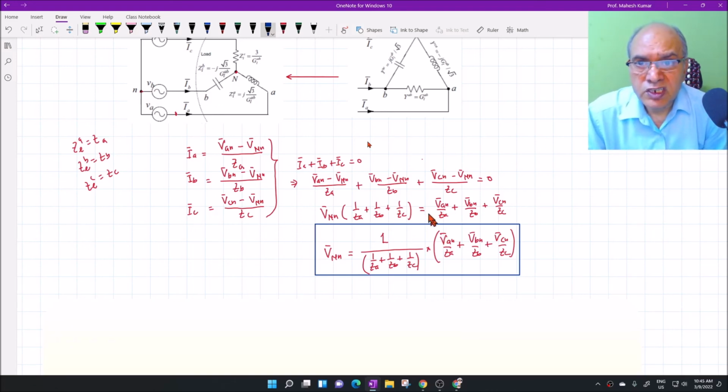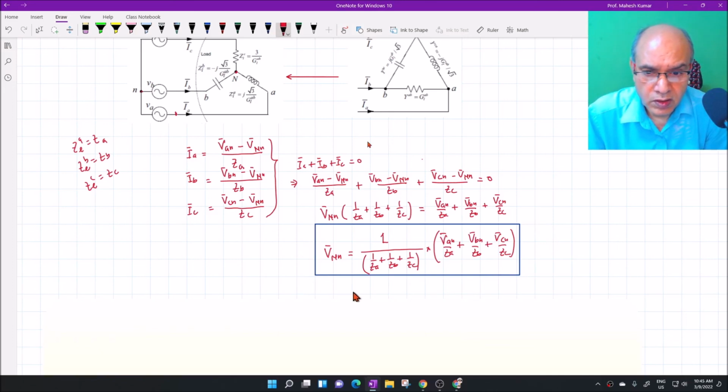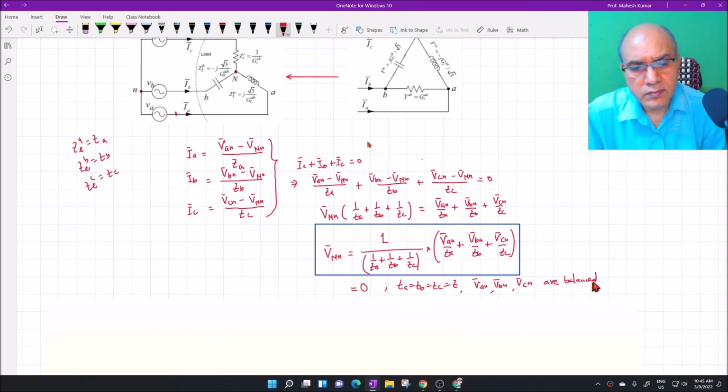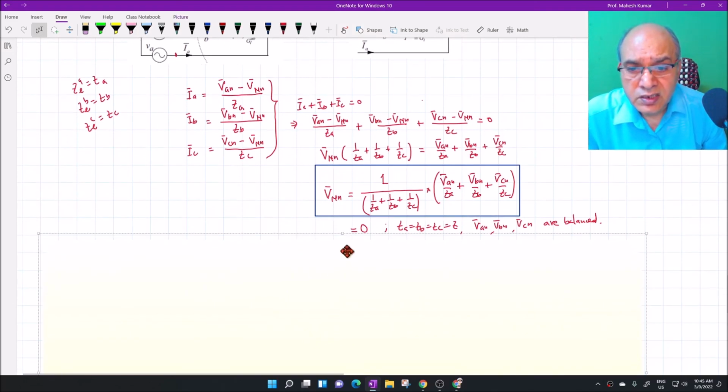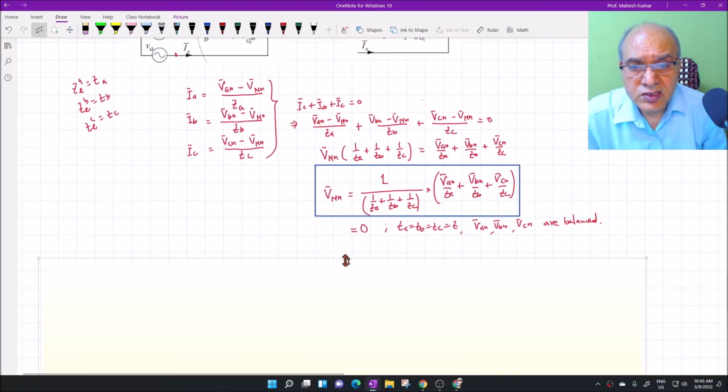Obviously, this voltage will be 0 in case ZA equal to ZB equal to ZC equal to Z and VAN, VBN, VCN are balanced. And in that case, this neutral voltage is called the zero sequence voltage.